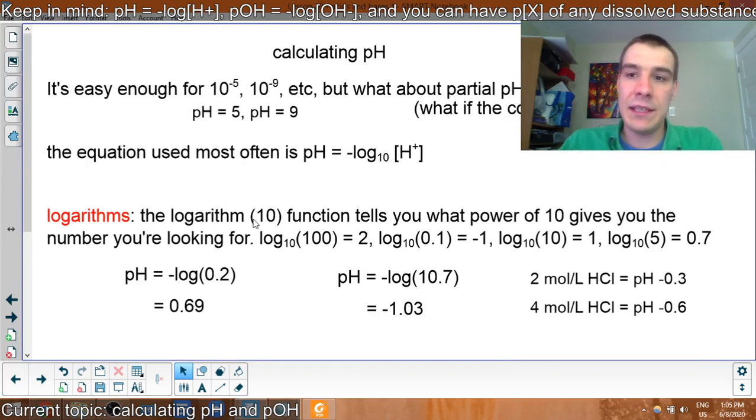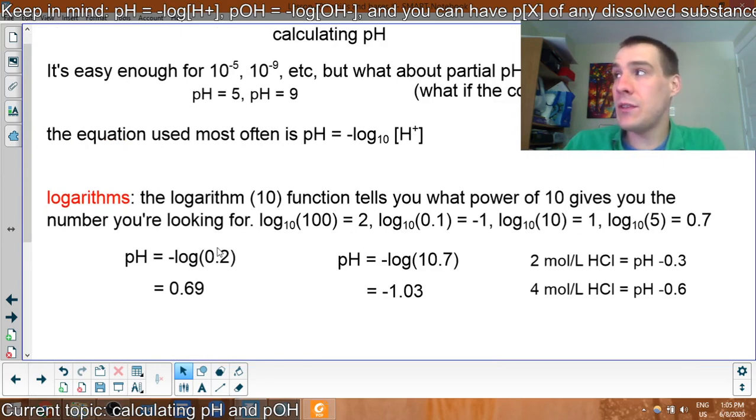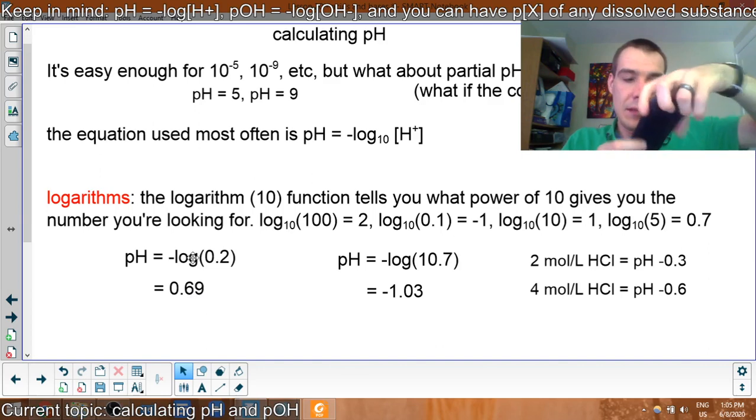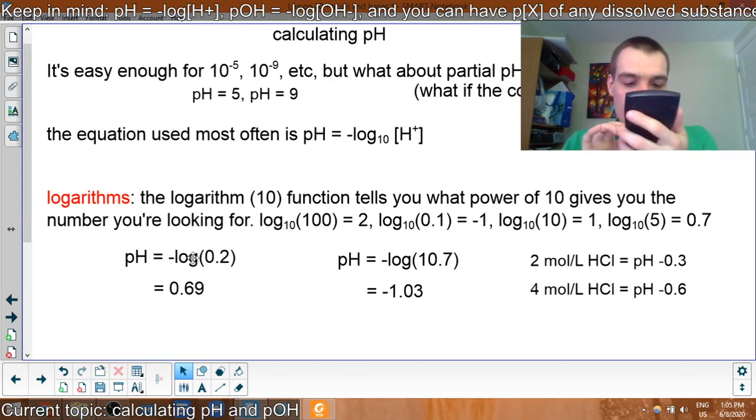And so this pH, for the 0.2, we said it was between 0 and 1, because a pH of 1 would be 0.1, a pH of 0 would be 1 mole per liter. The pH is 0.69, because if I put in log of 0.2, I actually get minus.